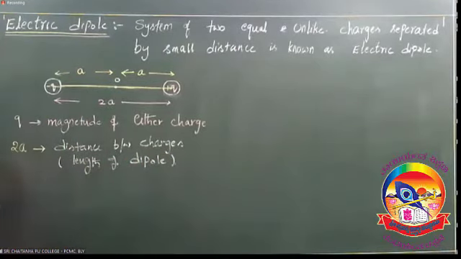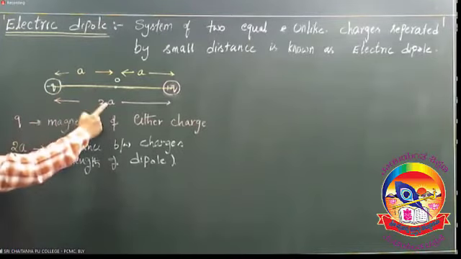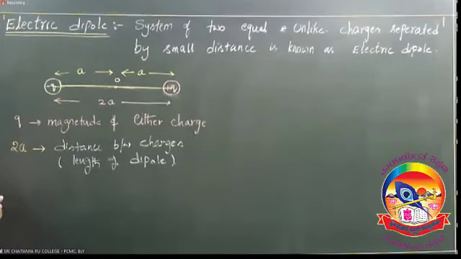So in the coming discussion, wherever this 2a comes, it is the length of the dipole. It is not simply a, it is 2a. Right?